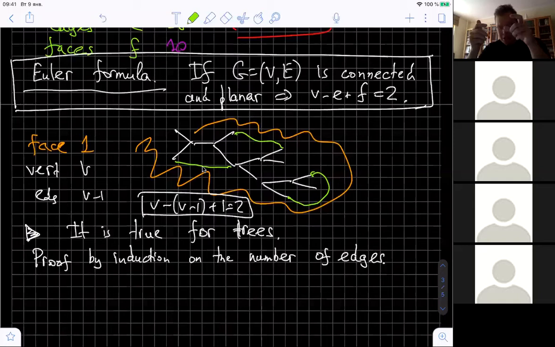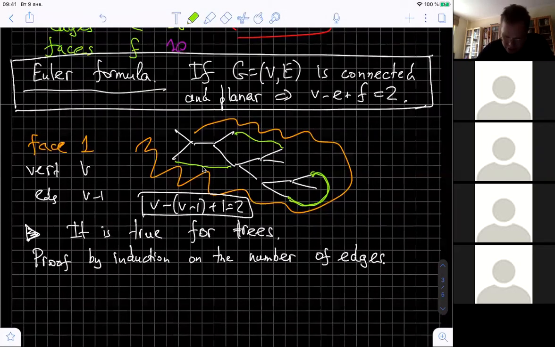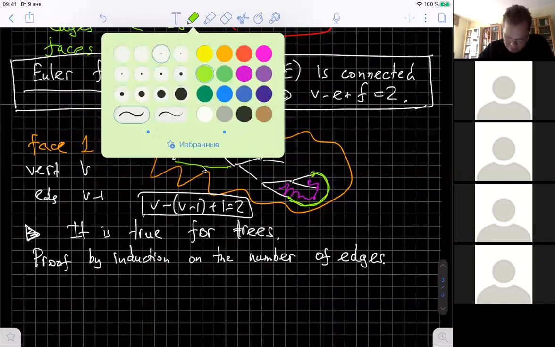So if I draw a new edge, the face that the edge belongs to will be divided into 2 new disconnected parts. So for example, if I draw this edge, then I will have this new face, and if I draw this edge, I will have this new face, and so on.